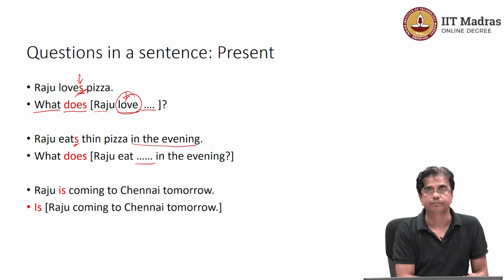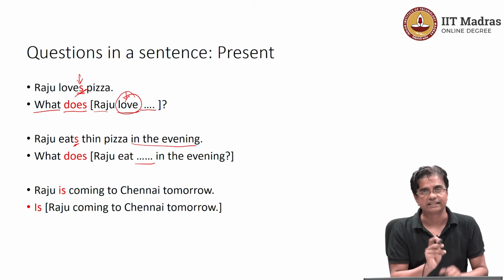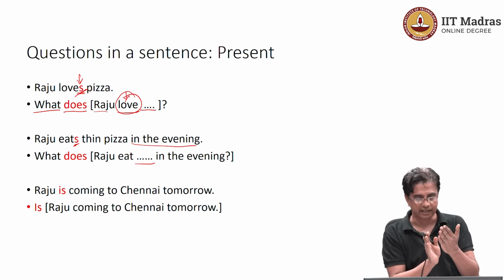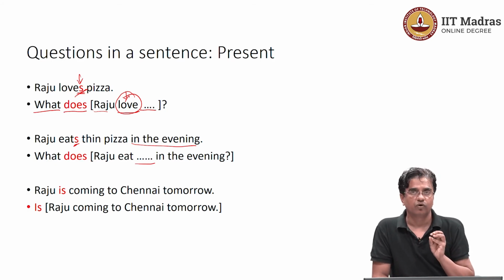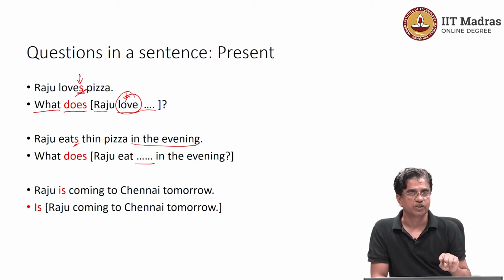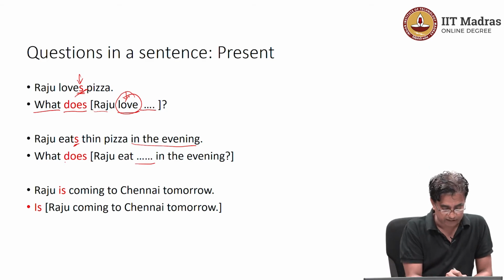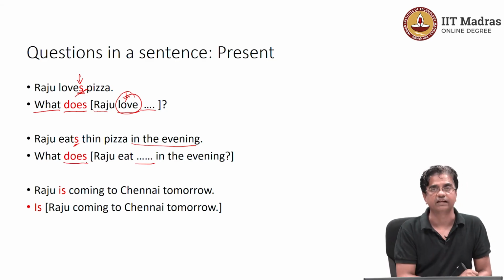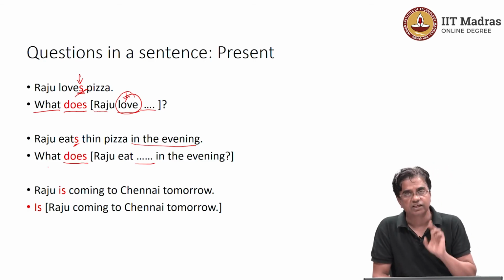You have the present tense, singular marker, third person marker, that is the tense and agreement marker together, being taken out of the verb. The verb that hosted them in an affirmative sentence, in the question sentence doesn't host these elements and they get fronted. And for that again, we take do as a word and we get does. So this question sentence is, what does Raju eat in the evening?